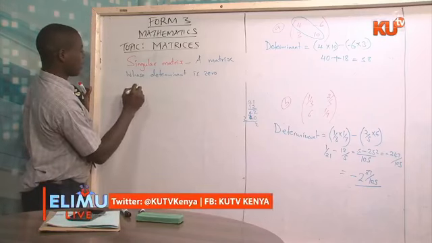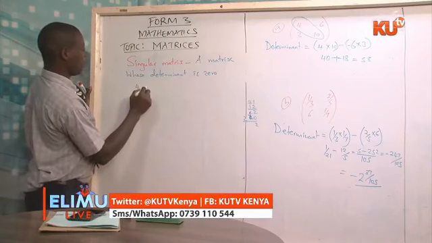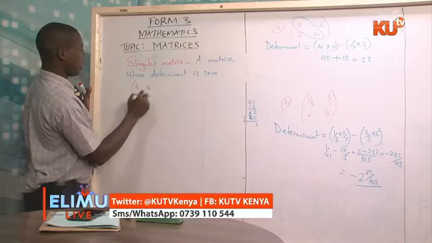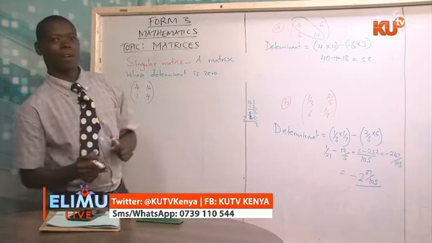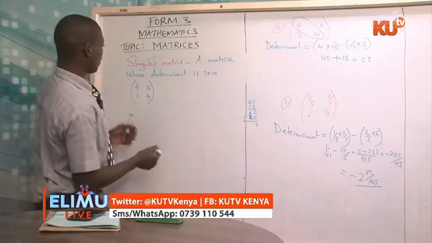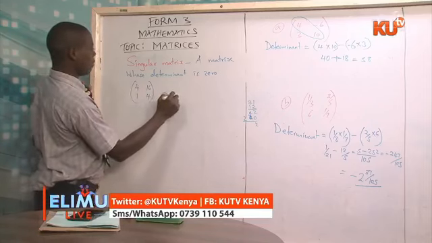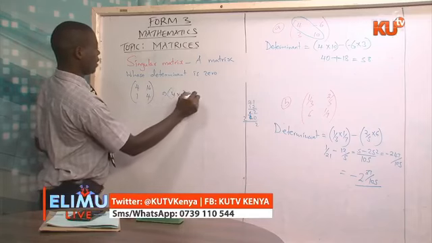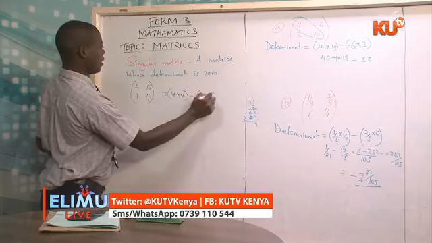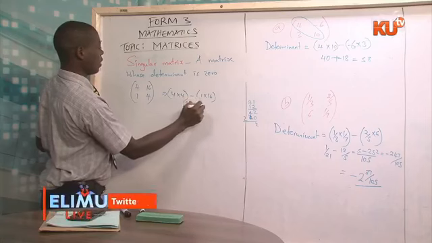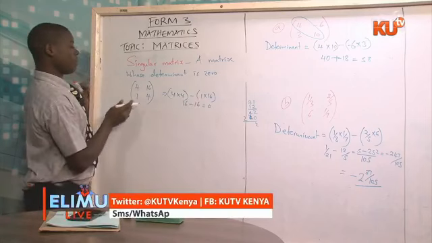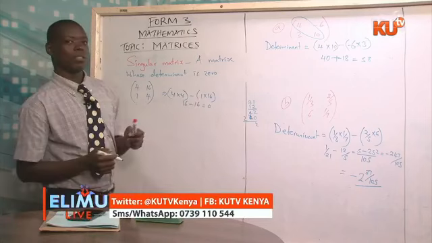For example, if you have a matrix like 4, 4, and then we have 16, 1, this matrix will be singular. Why will it be singular? If you take the product of elements in the leading diagonal, it will be 4 by 4 minus 1 by 16. So this is 16 less 16, which is 0. This matrix becomes singular.